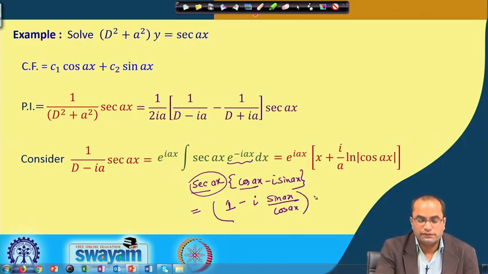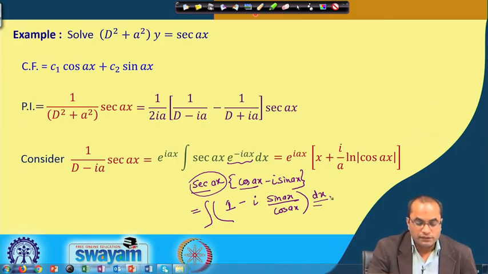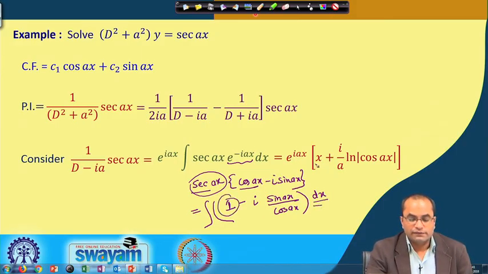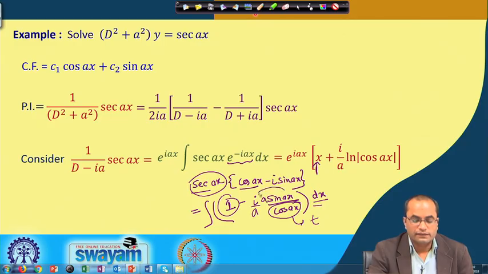This is the integrand, and we are integrating over x. So, this 1 will give the x, and then this cos ax will be substituted as t, and then sin ax is there, so we need a there. We have exactly a sin ax, the derivative of cos ax, with this minus sign, because cos ax will give minus a sin ax when we take the derivative.